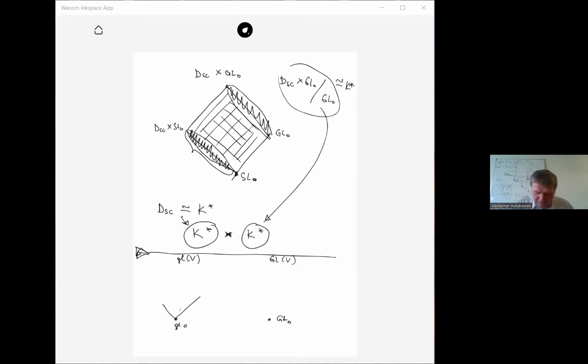Here we have a ladder, usually an infinite ladder, with one line here. And here we have one line.